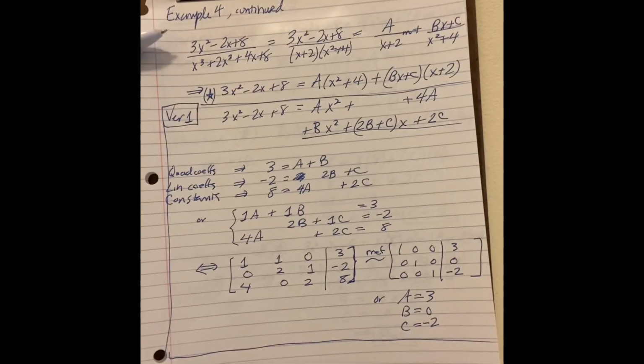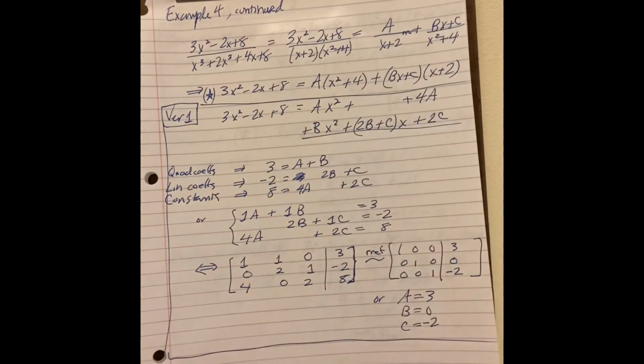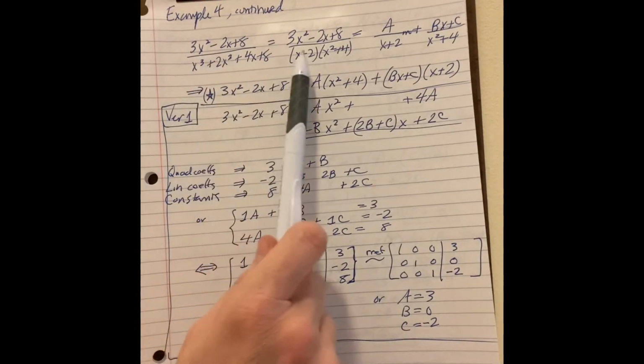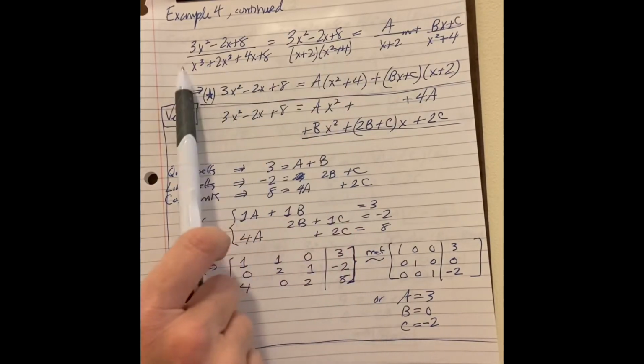So we're going to decompose this rational expression. After we factor the denominator, we're going to decompose it into the sum of these two. All right? Well, when could this happen? Now these denominators are exactly equal, right? This is just the factored form of that.